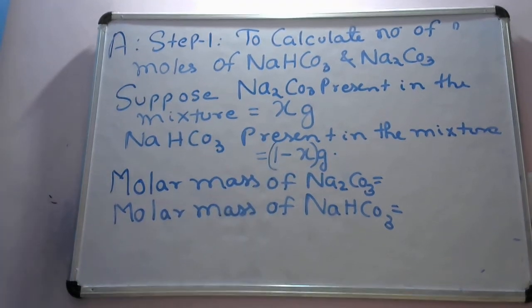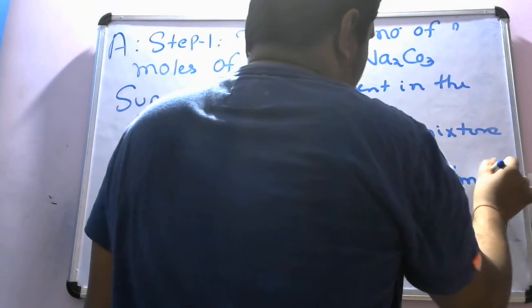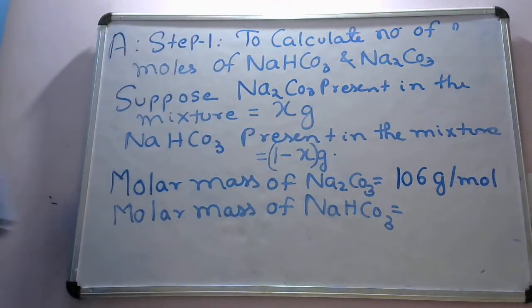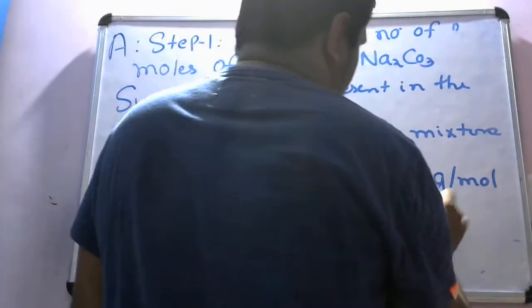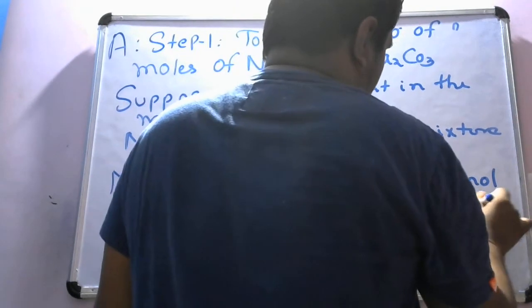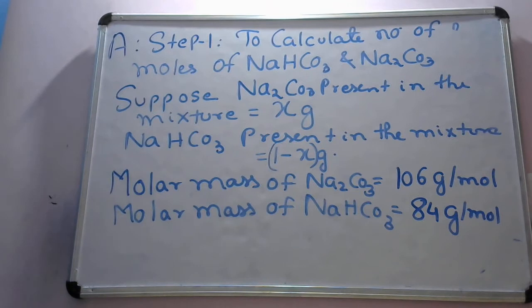So when we calculate the molecular masses of Na2CO3 and NaHCO3, we will get 106 grams per mole for Na2CO3 and 84 grams per mole for NaHCO3. Simple calculation of molecular masses.